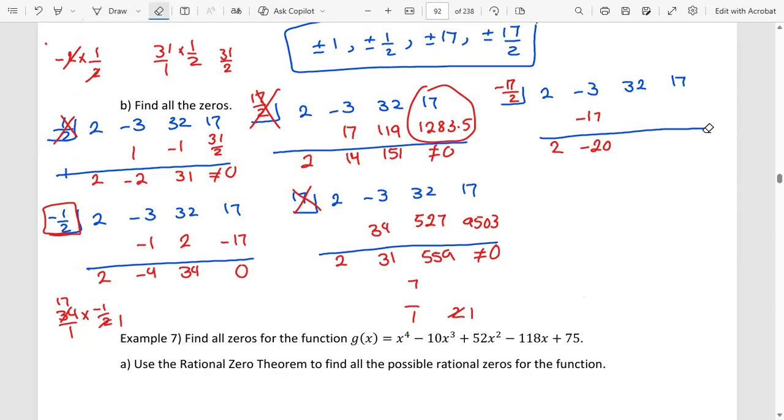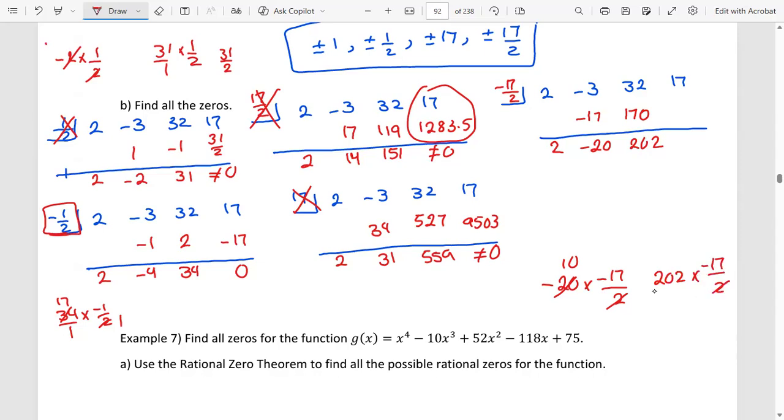Negative 20 times negative 17 over 2. If I simplify 2 and 20, I will have only negative 10 times negative 17, which is positive 170. 170 plus 32, which is 202. Then multiply 202 by negative 17 over 2.